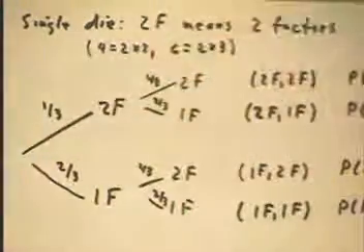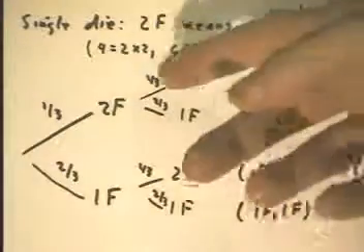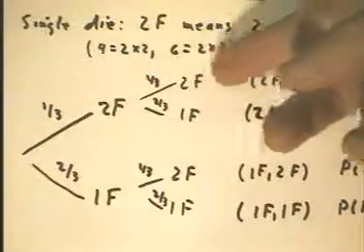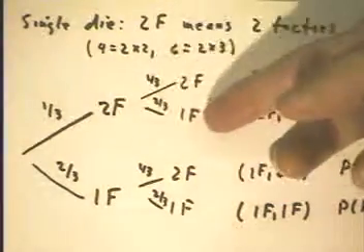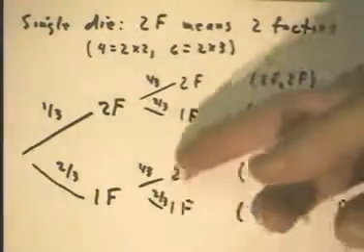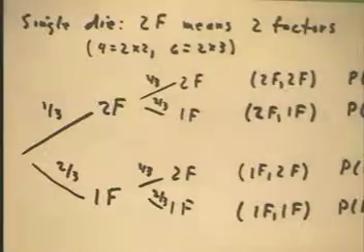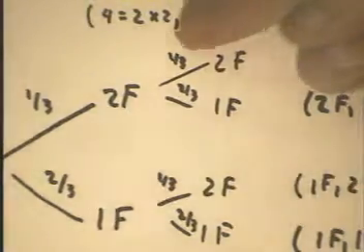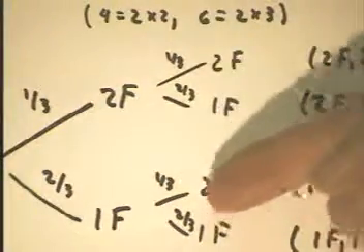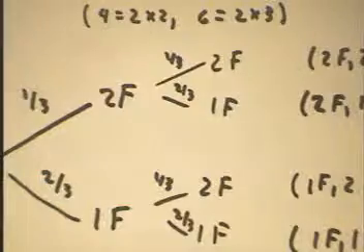Then the next die also has a 1/3 probability of giving us two factors, and a 2/3 probability of giving us one. And similarly down here. So our tree diagram shows us what the probabilities are. We can zoom in and see that we've got the 1/3, the 2/3, the 1/3, and the 2/3, just like we have the 1/3 and the 2/3 here.